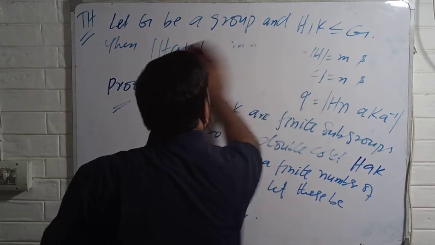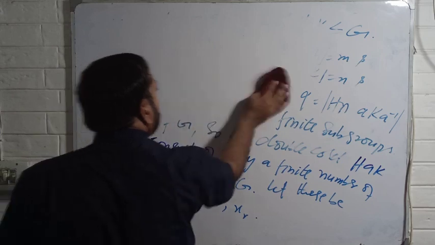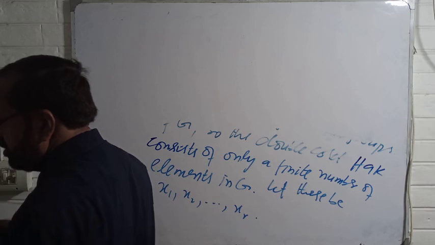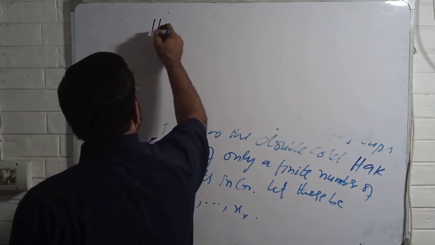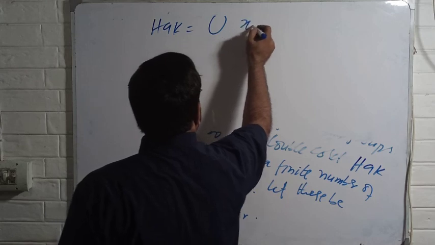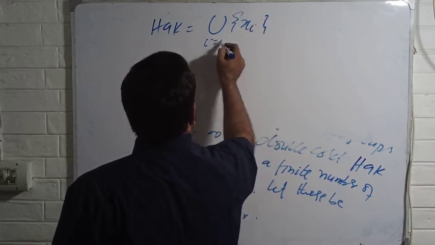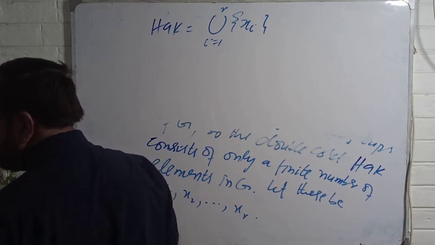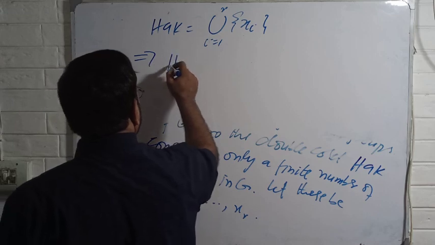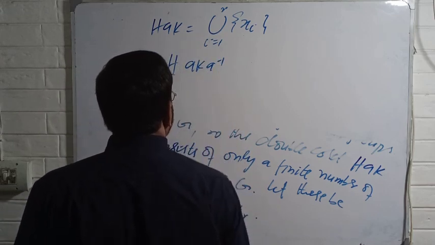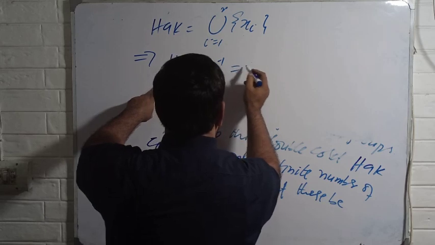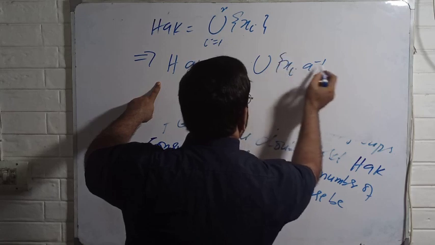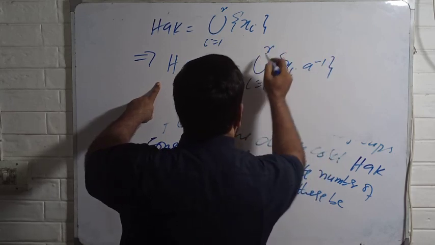Then you know that HAK is the union of xi, i from 1 to r. So this implies HAKA inverse is equal to the union of xi A inverse, i from 1 to r.